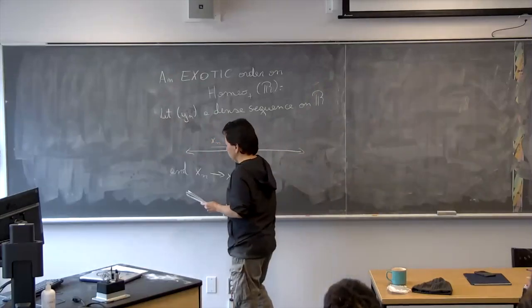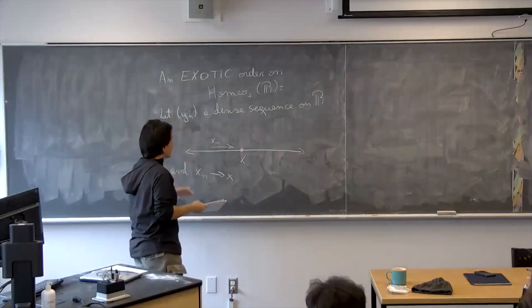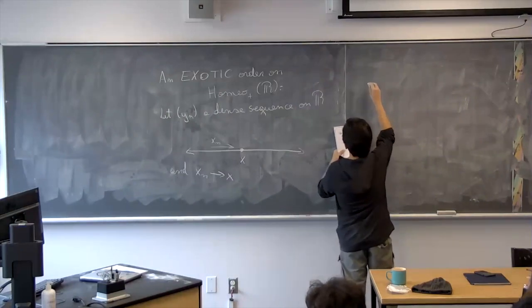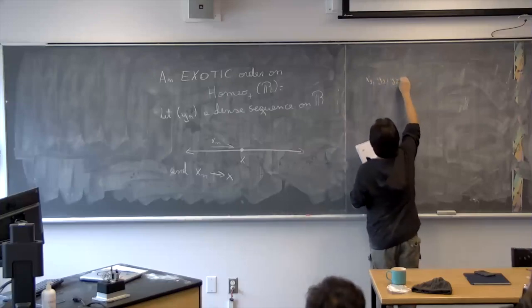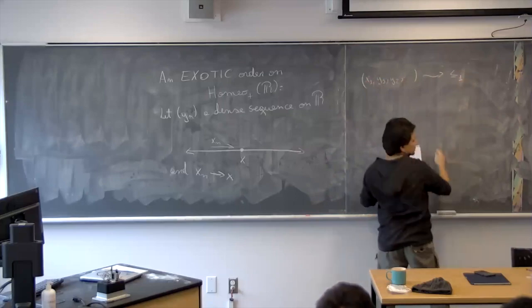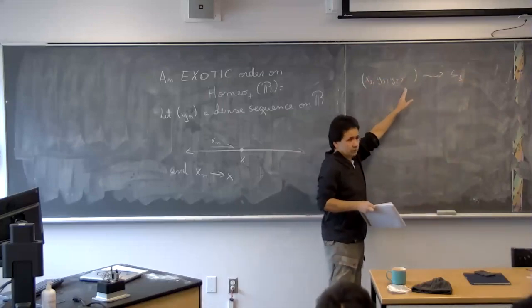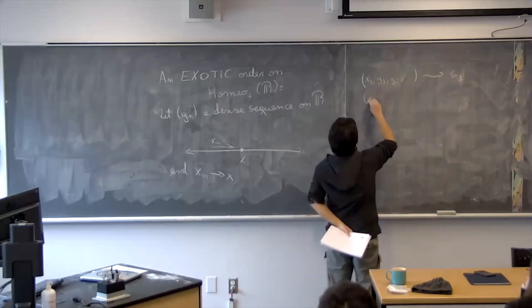Now I will consider a sequence of natural orders. First I will consider x1, y1, y2, etc. This gives you an order in the natural way: you look at 2 elements, you look at the first entry where they are different, and you declare which one is bigger.